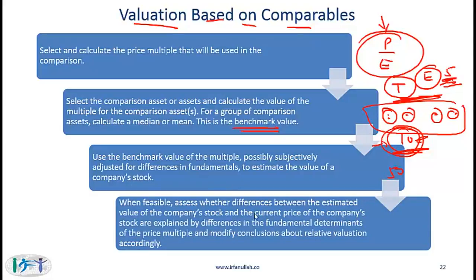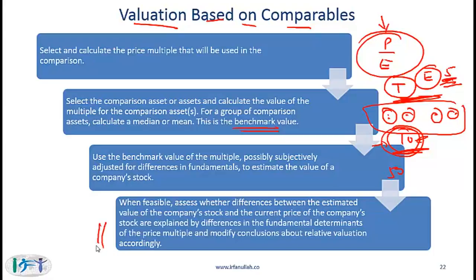When feasible, assess whether differences between the estimated value of the company's stock and the current price of the company's stock are explained by differences in the fundamental determinants of the price multiple, and modify conclusions about relative valuation accordingly. So this is an important point. The method of comparables is based on the law of one price.